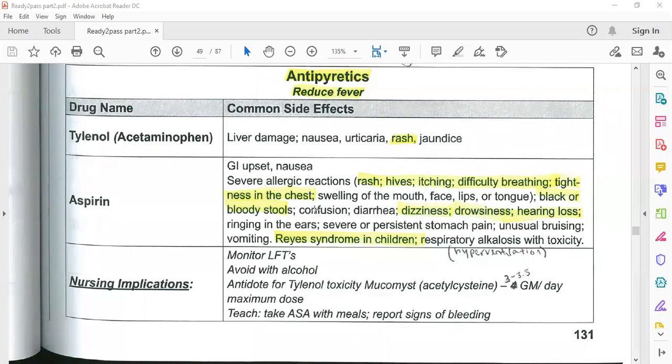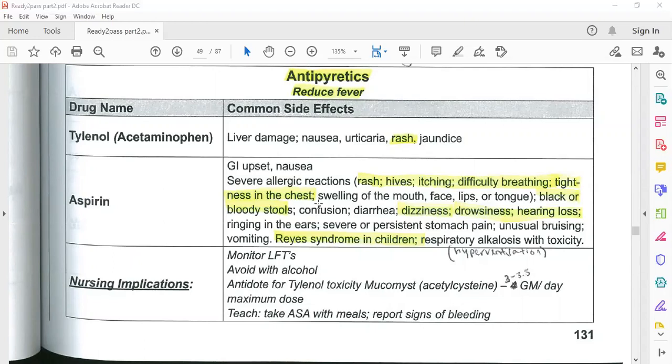Okay, so aspirin has some side effects. Sometimes it can cause a severe allergic reaction like rash, itching, difficulty breathing, or tightness in the chest. Or after taking aspirin, black or bloody stool means bleeding has increased.